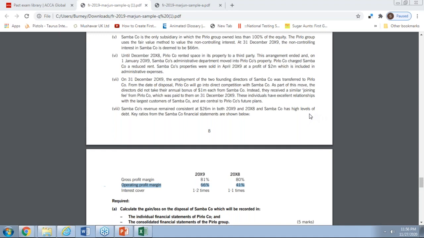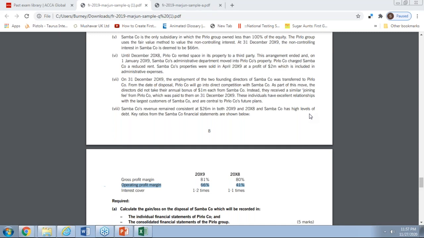Because of what? Why has Samba company's profit increased over the period? Because of three things. The first one is the saving of the rent. The second thing is the saving in the bonuses that they have to pay.